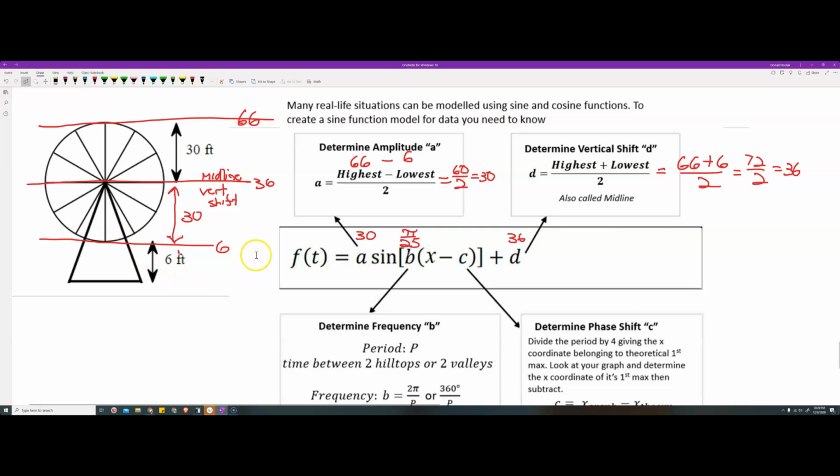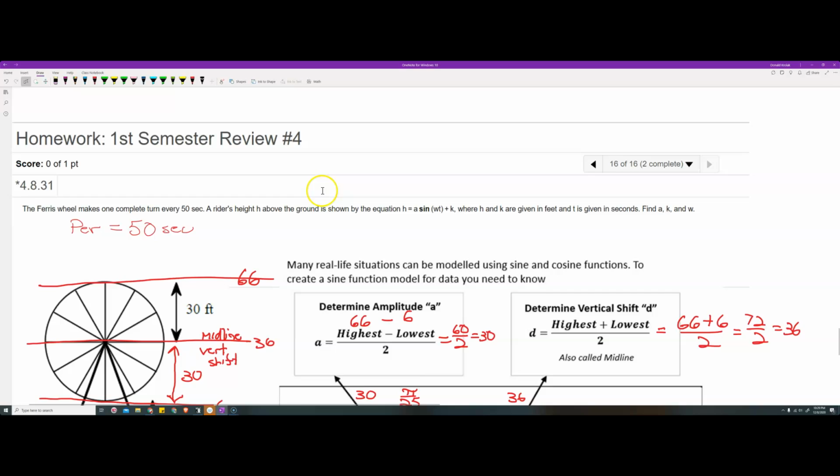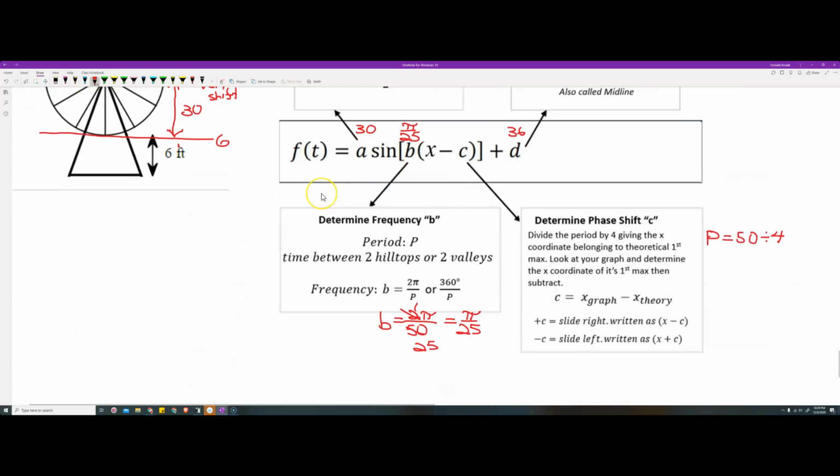Okay, now to get our C value. So we take our period, which is 50, and we divide that into 4 pieces. Okay, so 50 divided by 4 is going to be 12 and a half.